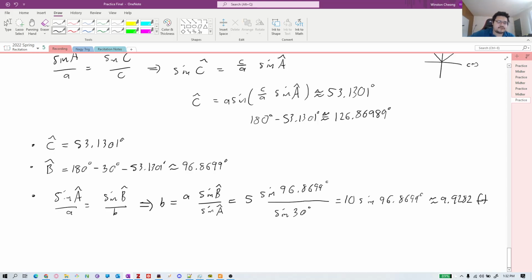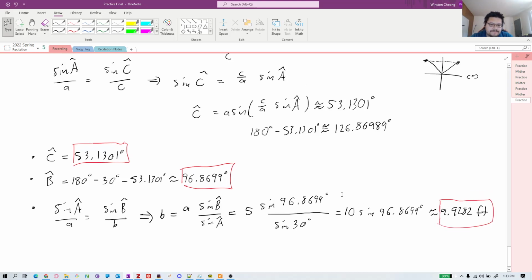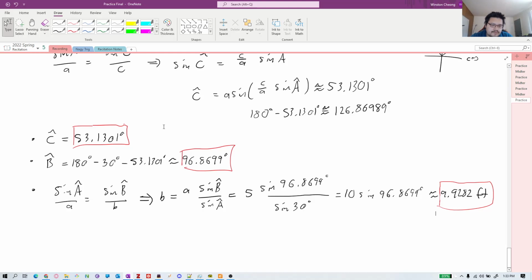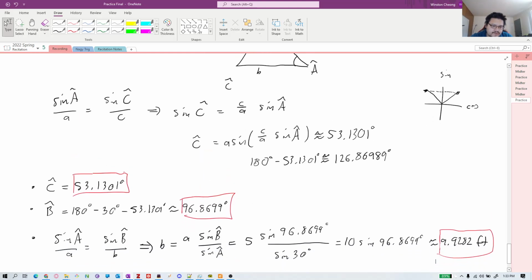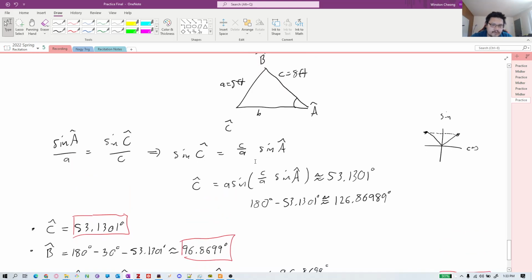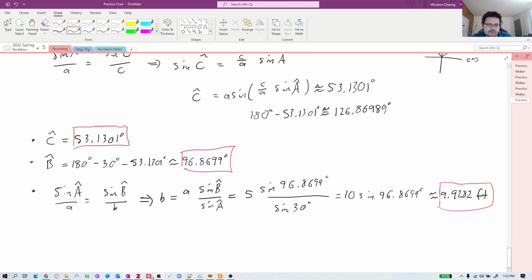Okay, so if I have this case, we would have this. And then the one thing maybe to try double checking is that this case makes sense. The way we do that is we think about the order relationship, as I said. Let's keep in the back of our mind that the angle A is 30 degrees. So notice how A, B, and C, the angles, relate to each other.